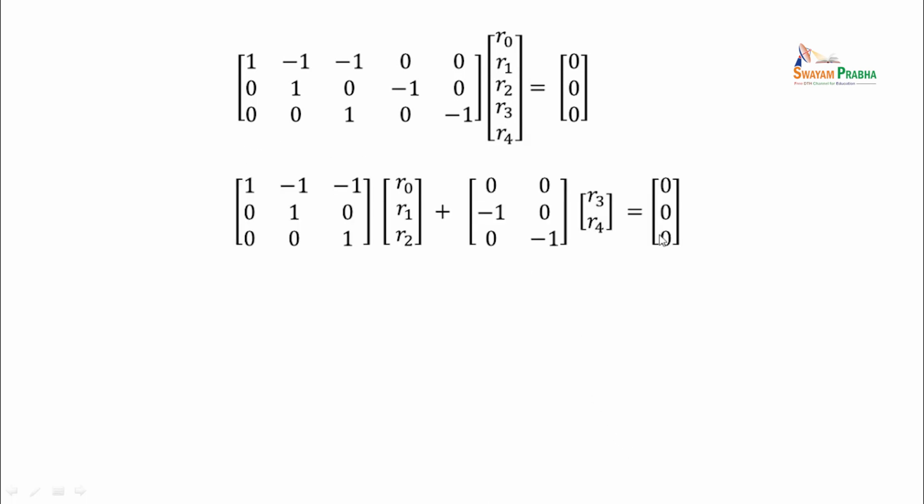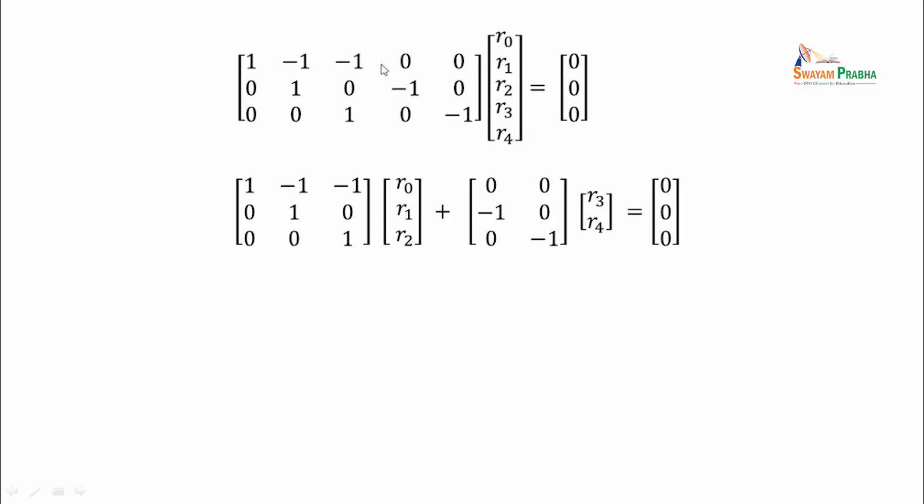So this is the intracellular matrix, which we have taken to be 0, and which can be represented as this part alone corresponding to R0, R1, R2, and this part alone corresponding to R3, R4, right?